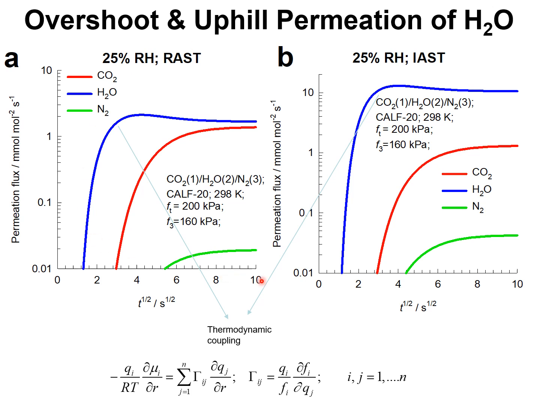The message to emerge here is that CAF20 is ideally suited for CO2 capture from humid flue gases, but beware that for accurate estimation of permeation fluxes, you must account for thermodynamic non-idealities, and you must also use the Maxwell-Stefan diffusion formulations and be certain to include thermodynamic coupling effects in your model calculations.